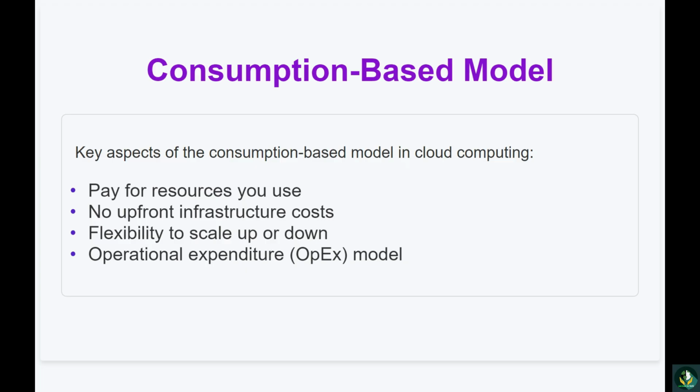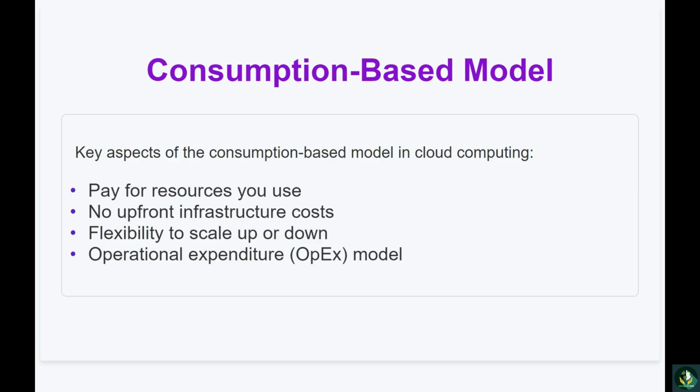This model falls under the category of operational expenditure, OPEX, contrasting sharply with the capital expenditure, CAPEX model of traditional IT infrastructure. In an OPEX model, expenses are incurred and paid for over time as part of operational costs, rather than as a large upfront investment.